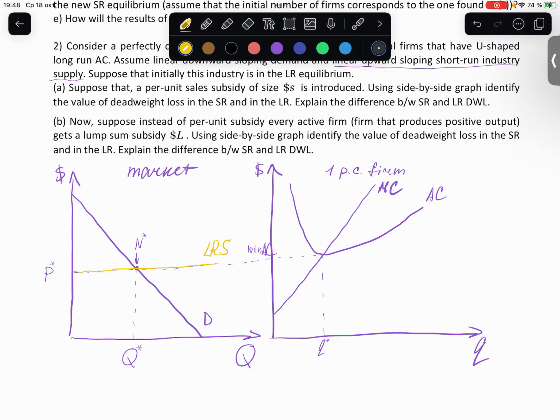So for example, when the demand increases, each firm will produce the same quantity and the price will be the same, but the total quantity will be bigger. So the number of firms now is bigger than before. This point is related to the higher amount of firms.